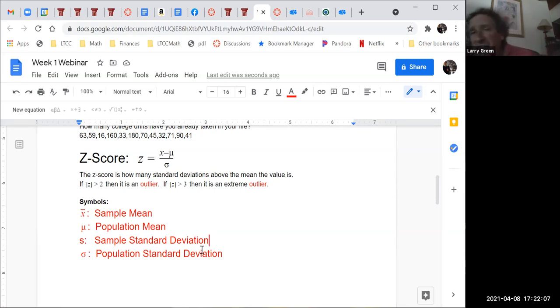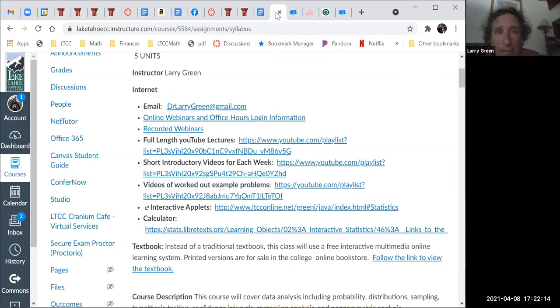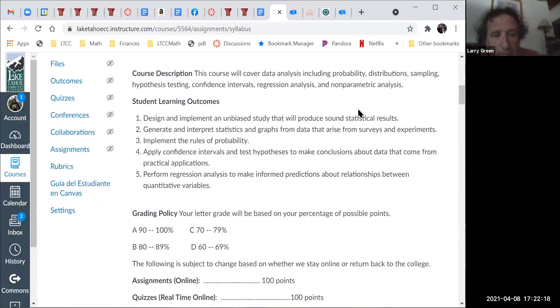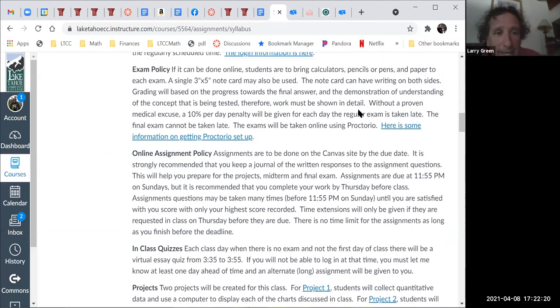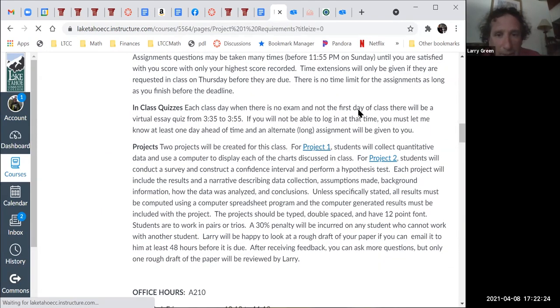Okay, the next thing I wanted to show you is the other calculator. I think I've got it linked. If you go into the projects, I think that's where you can find it. If not, I'll make sure I've got it for you, because that's when you're going to need it.